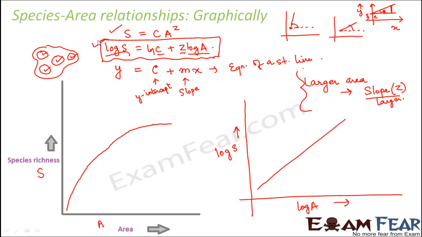So if you want to get some idea about the number of species, if you know the area, you can make use of this equation and get a rough estimate of the number of species in that area. So these were the two concepts which help us get an idea about the variation of biodiversity. One was latitudinal gradient and the second one was species area relationships.